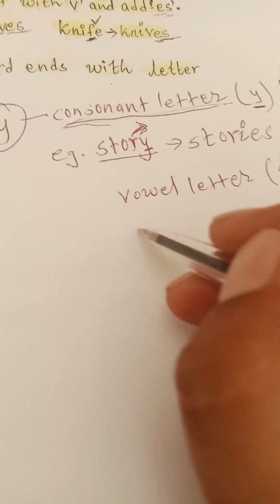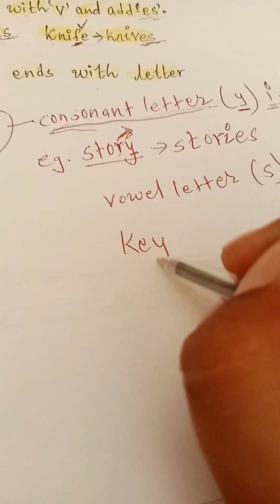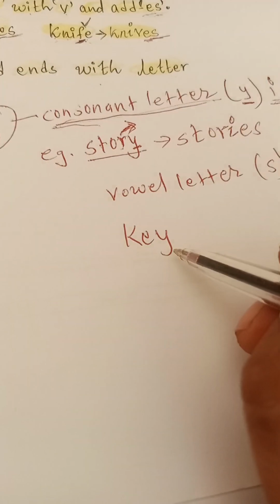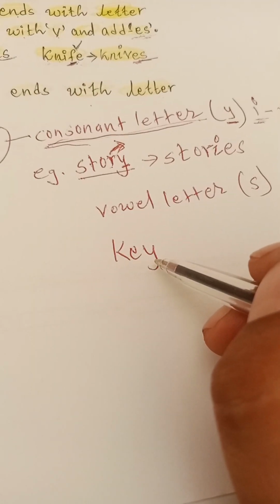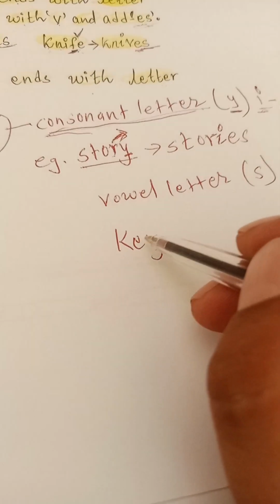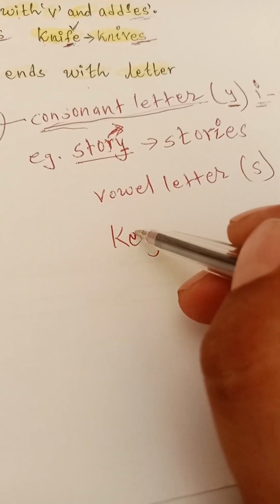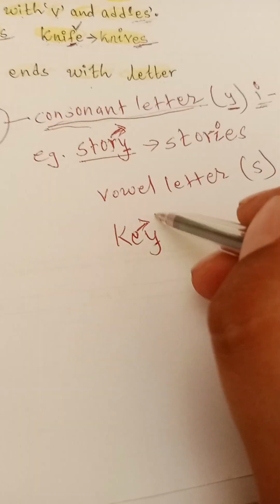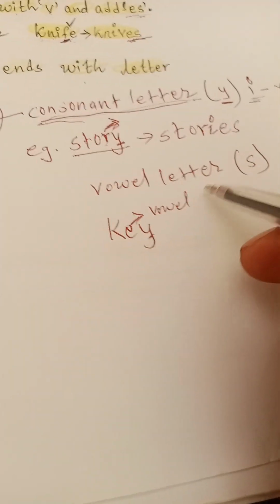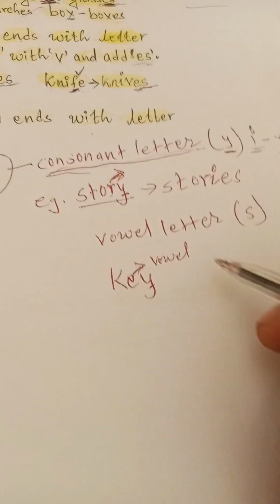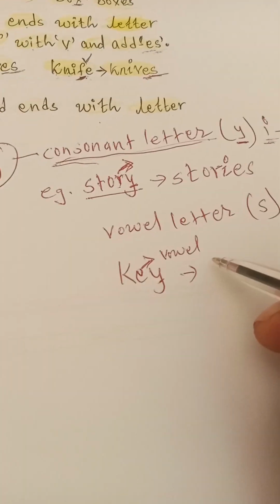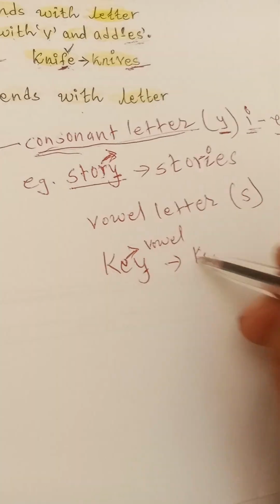For an example, KEY. Key is a word and this word ends with letter Y. Now before Y here is a letter E. This E is a vowel letter, so we simply add S to form plural, KEYS, keys.